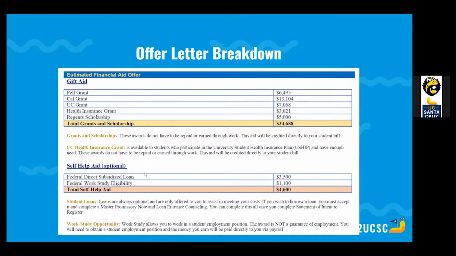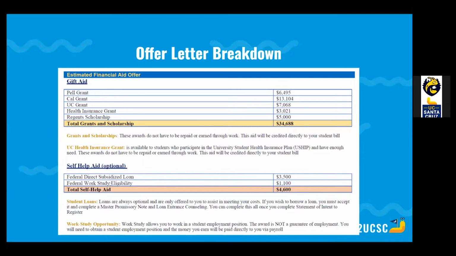Those are very common on your conditional aid offers. We've gone over the details of what subsidized loan and work study eligibility covers, and the details of those funding types. I'm not really going to go into detail about them. But loans are completely optional. Work study is also completely optional.